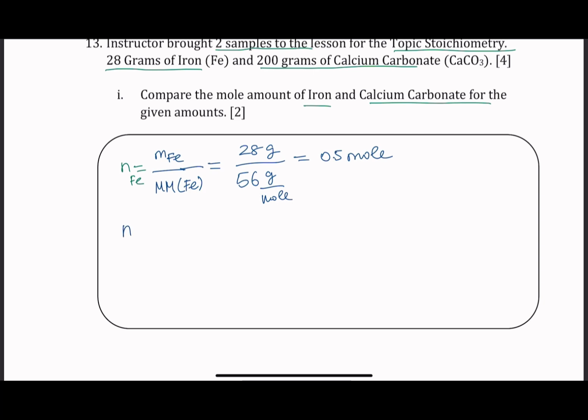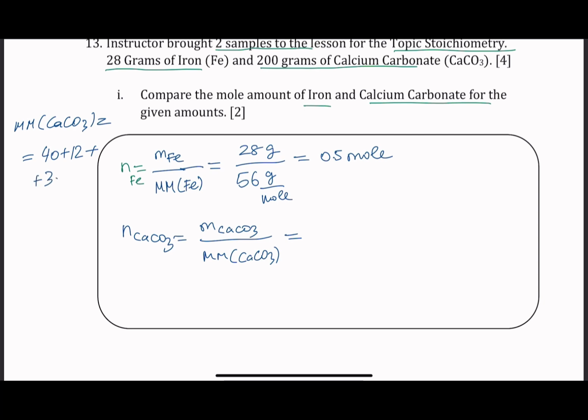And then n calcium carbonate would be m calcium carbonate divided by mm of calcium carbonate. You can find the molar mass of calcium carbonate from the periodic table. It would be 40 for calcium, plus 12 for carbon, plus 3 times 16 for oxygen, and this would make it 100 gram per mole.